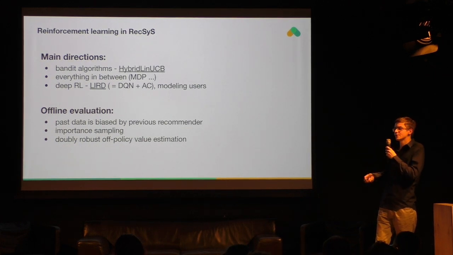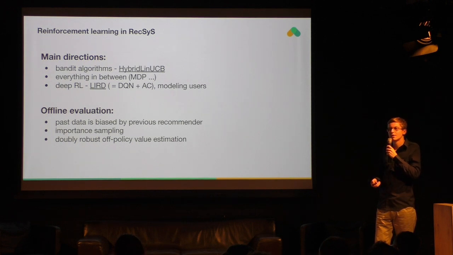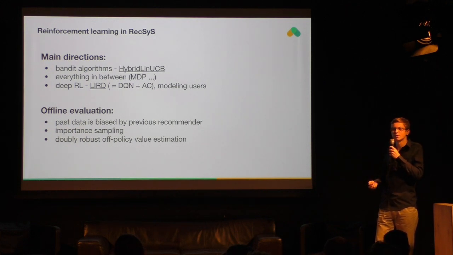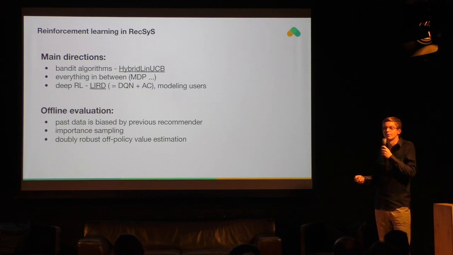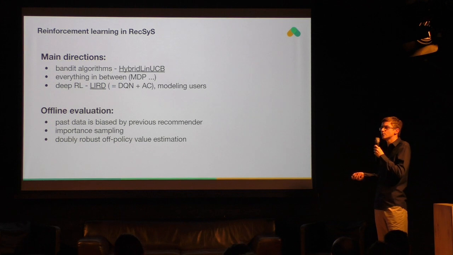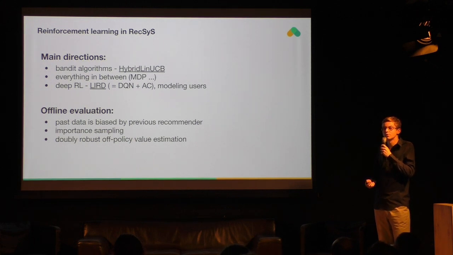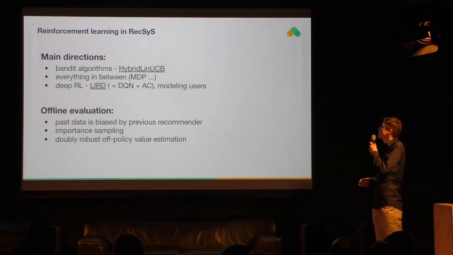The actor is generating the actions based on the state, and the critic is evaluating this state-action combination and is using a deep neural network to calculate the so-called Q value, which means the quality of this choice. And you can use this to update the actor to make better decisions in the future, like what to do when the user is in this state, what to recommend.